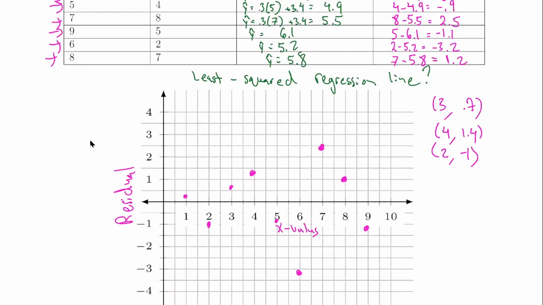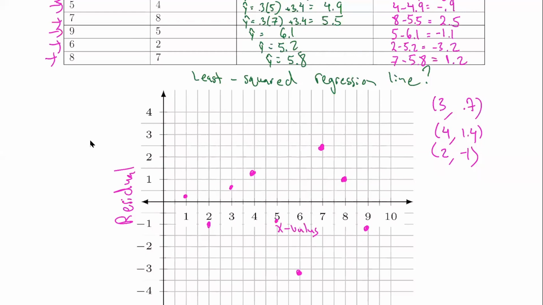So what the residual plot is telling me is whether the least square regression line is doing a good job or a bad job. It tells us if the least square regression is the model that we want to use, or if we should look at another model. By looking at this residual plot, you should see that all of the points are pretty close to 0.